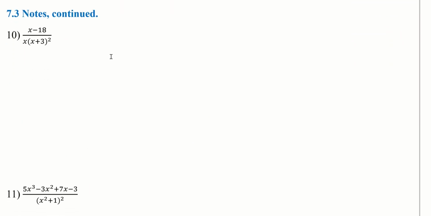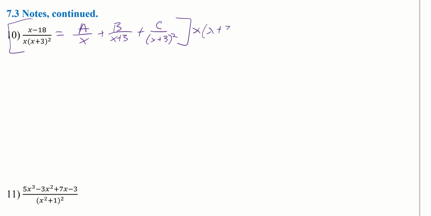Okay, let's check out this next one. Again, this is kind of a repeated one, and so in class we'll have you guys do this alone. So a over x plus, this is a repeated one, but degree of 1. Good. Multiply by the common denominator, x plus 3 squared. We have x minus 18 is equal to a.